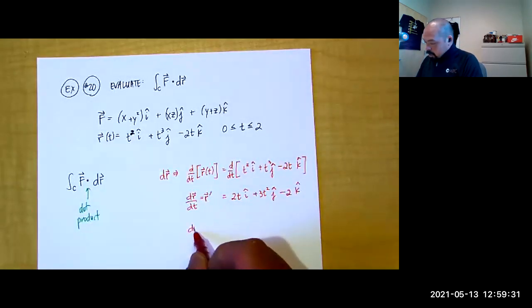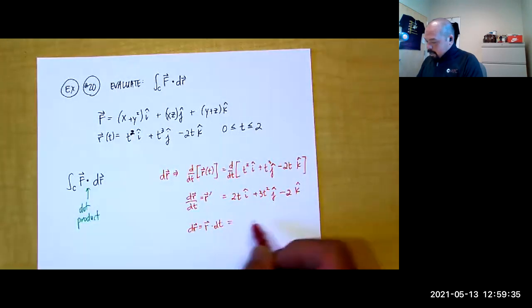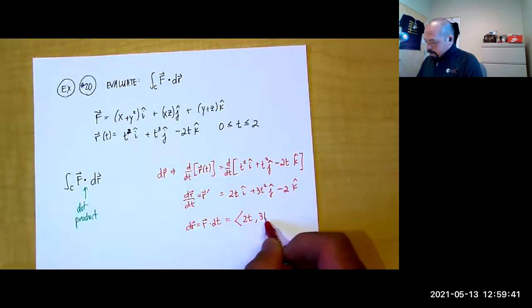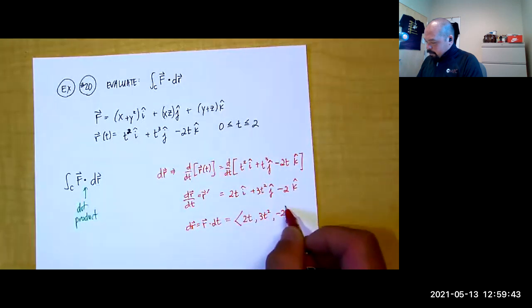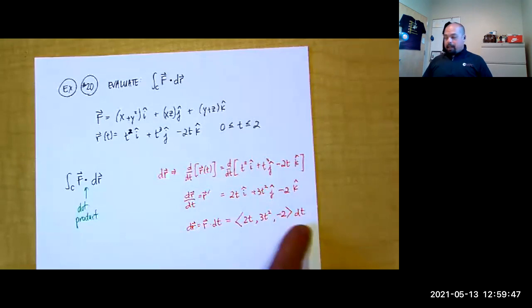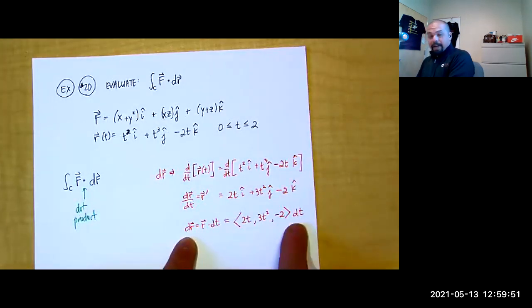Or that dr is r prime times dt. Switching to this notation a little bit quicker, cleaner, if you ask me, we're going to replace that dr with this vector we're going to be dotting with.